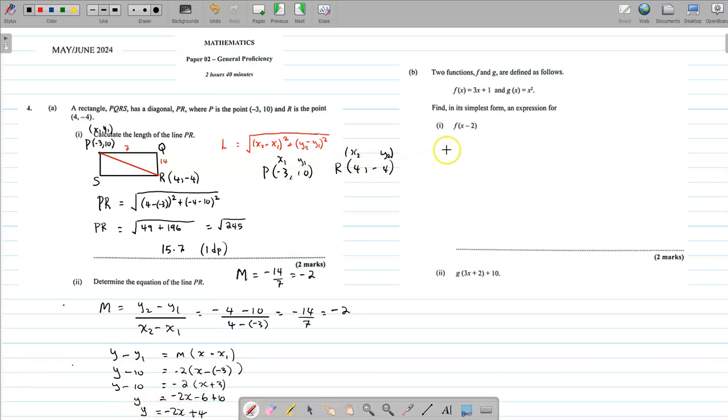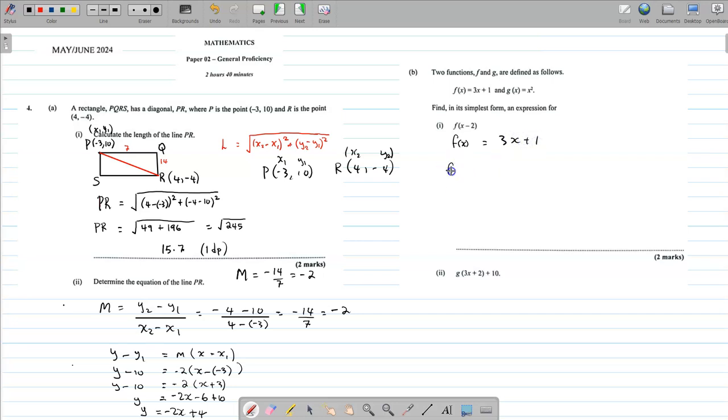So in part B we have the functions f and g, where f is defined as this and g is defined as this one as well. You're asked to find f of x minus 2. So let's write the function f of x. f of x is equal to 3x plus 1.